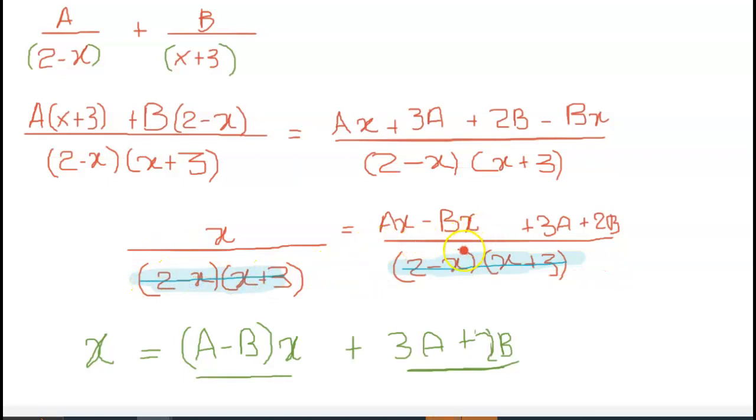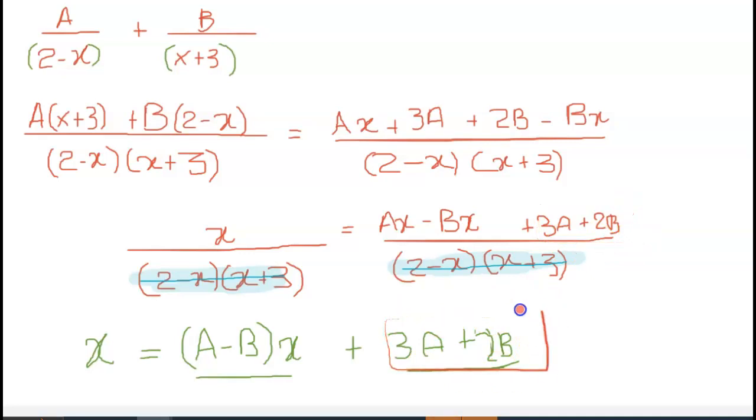Now, there's a thing called matching the coefficients. If you have a look here, Ax minus Bx, the x is common. I take the x out and I'm left with (A minus B), plus 3A plus 2B, which is here.